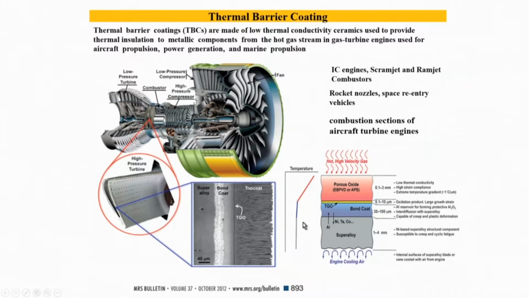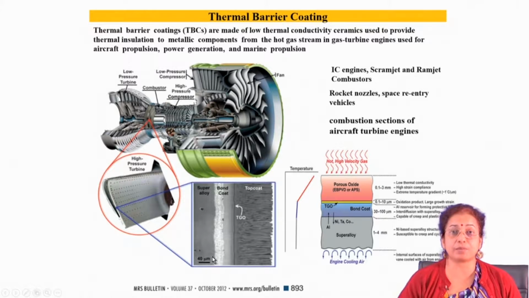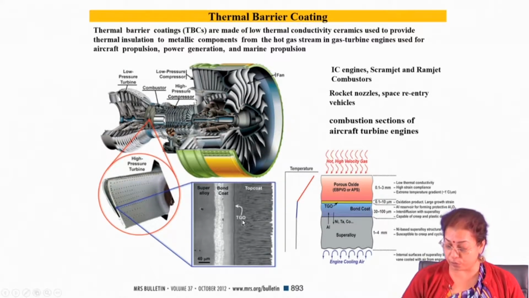This is nothing but the oxidation product, and the temperature decreases from the surface and is minimum at the bond coat and superalloy substrate. So, this is the combination, and it is quite well established that people use these techniques for this specific purpose.